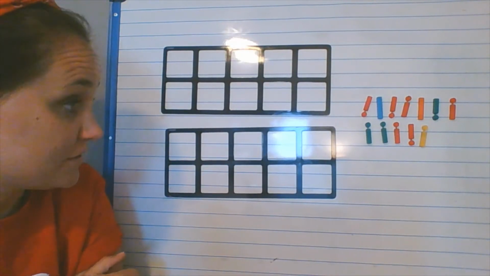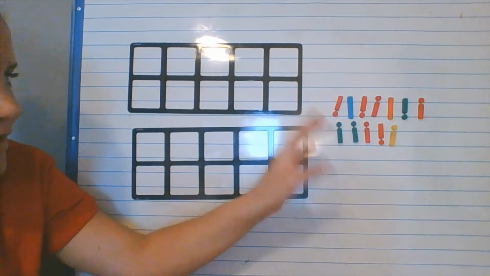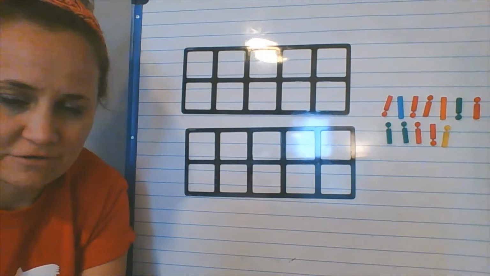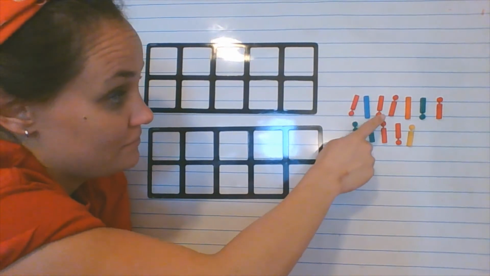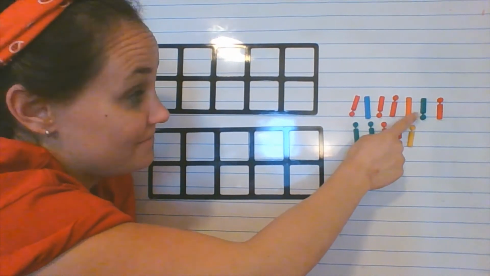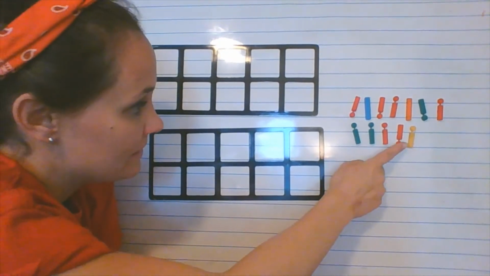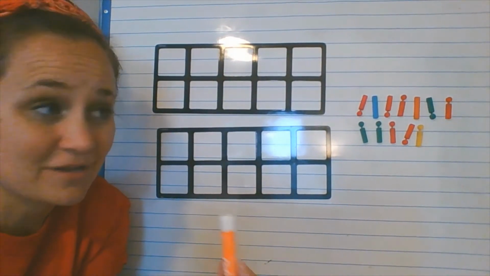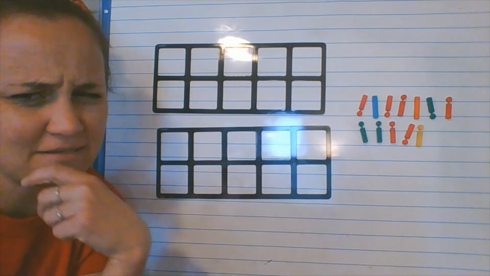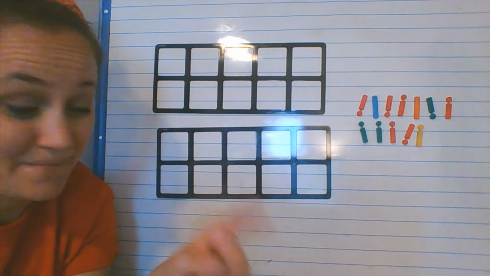Sometimes your job will be to look at an array, count the objects, and draw them in these 10 frames. So let's give it a try. Count with me. 1, 2, 3, 4, 5, 6, 7, 8, 9, 10, 11, 12. So that's easy. We know that inside of 12 is how many 10s? Just 1.